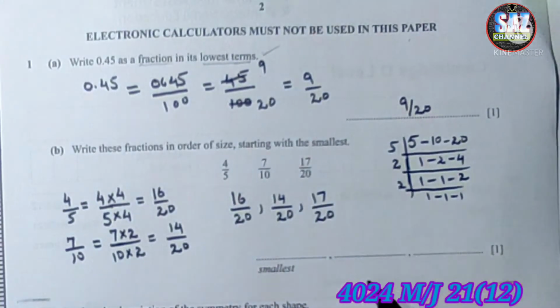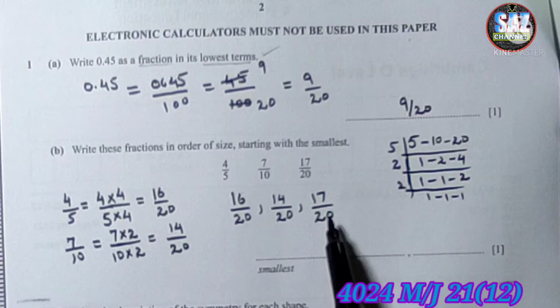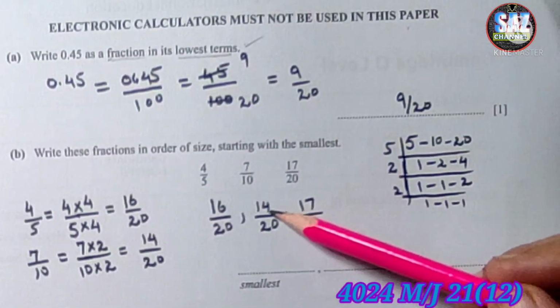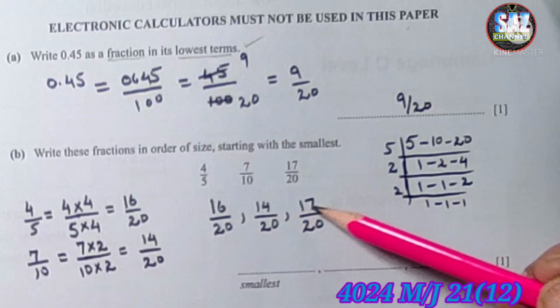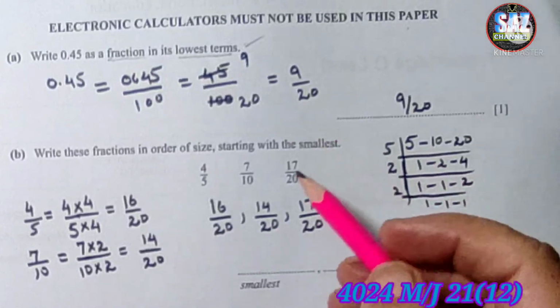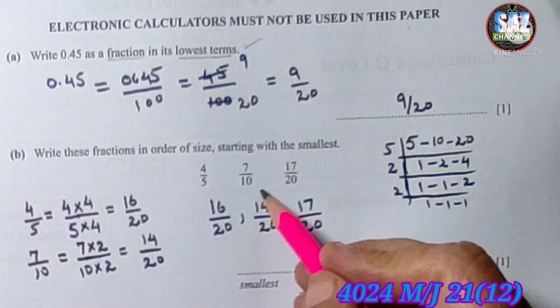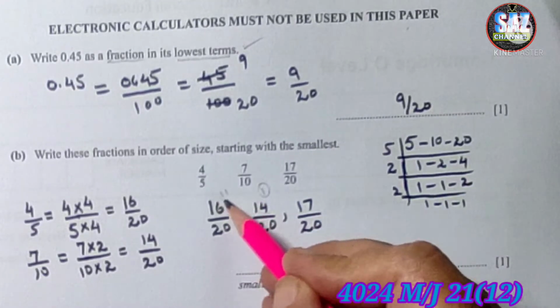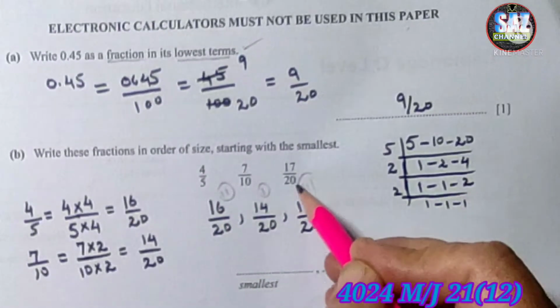Now recall the rule: when the denominators are same, then the smaller numerator will be giving us the smaller answer, and the larger numerator will be giving us the larger answer. So according to that rule, here the smallest one has numerator 14, then the second is 16, and the third one is 17.